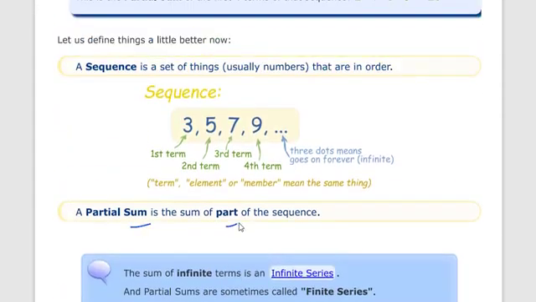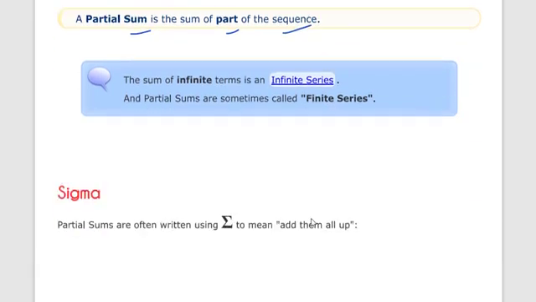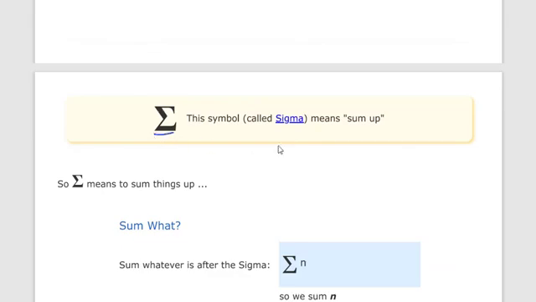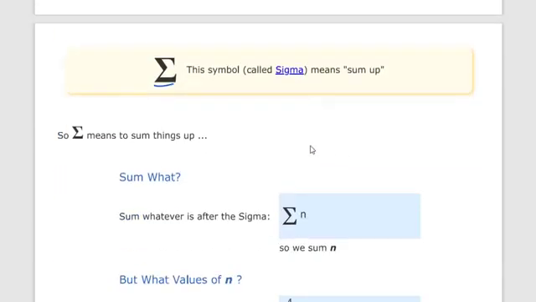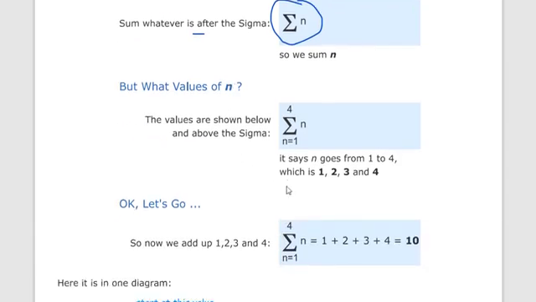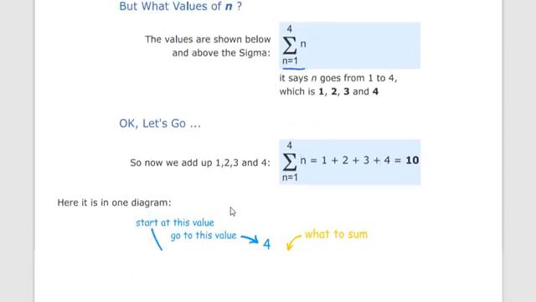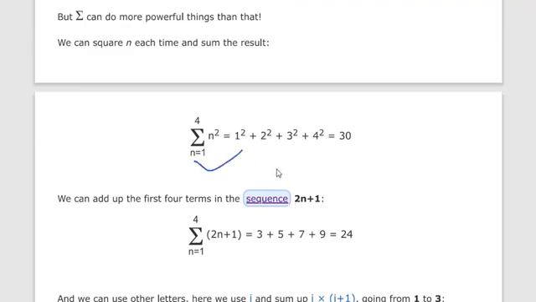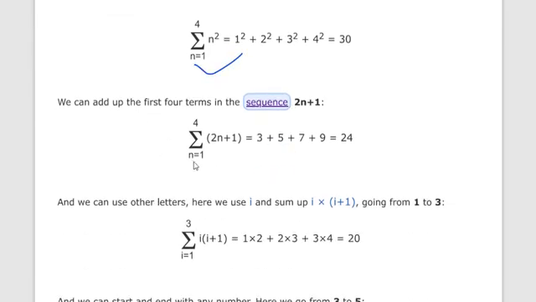Partial sum is a part of the sum of the sequence, which we can write like this: sigma means add them all up. And what do we have to sum? Whatever is after the sigma sign, with the values in between, n equal to 1 to 4. We can add the square numbers also.